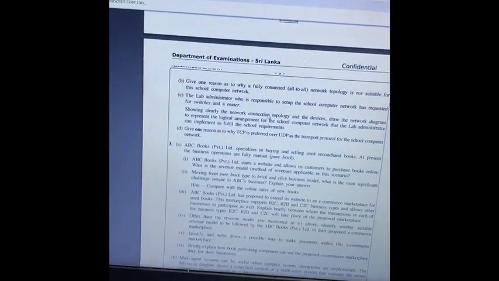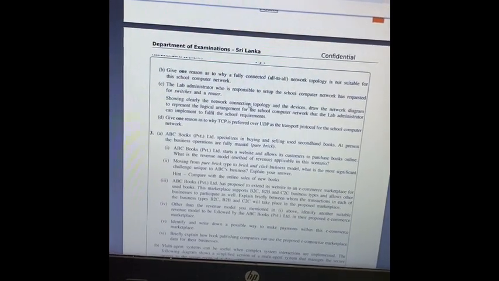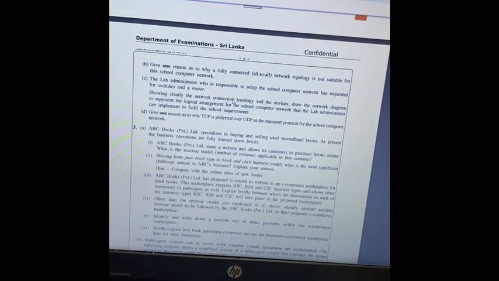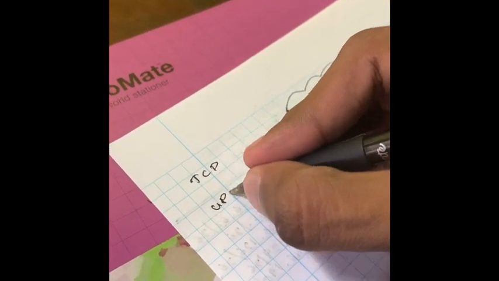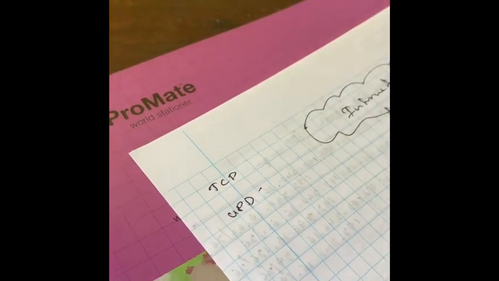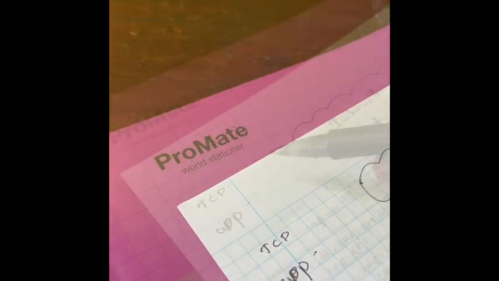So the last question is, give one reason why TCP is preferred over UDP as the transport protocol for the school computer network. So, TCP and UDP. UDP, user datagram protocol.